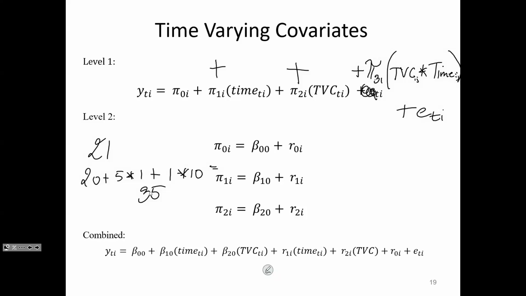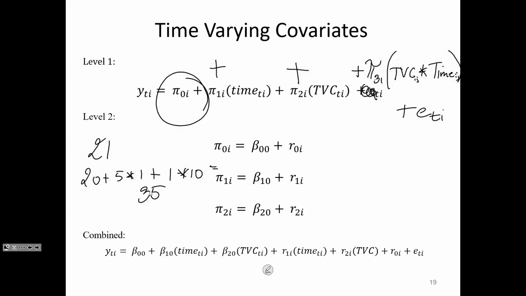Let me start with the intercept. The intercept is the predicted value when time is equal to 0, and when the time varying covariate is equal to 0. So if I grand mean center this, then this is the predicted value at time 0 when the time varying covariate is at the overall mean, right?